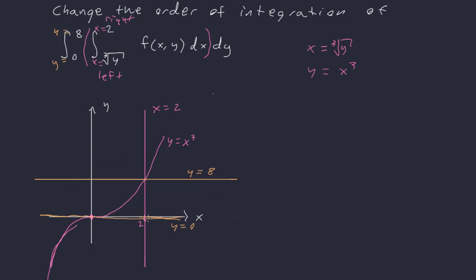Now, we have quite a few options for what this thing could look like. And here's where we start doing our left to right idea. If we go from left to right, we're told that the left side of our region is this curve here. So here needs to be the left, and 2 needs to be the right.